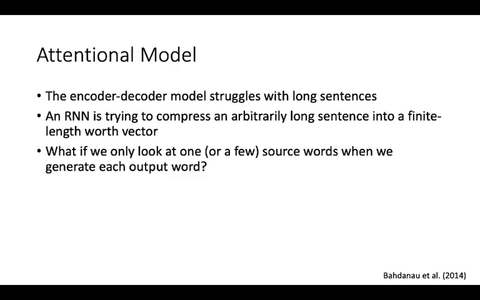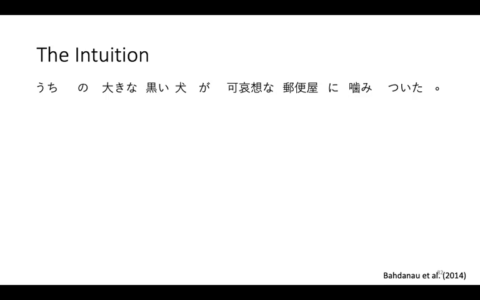For example, here, we know that these two words can be aligned to "our", and when we translate "our", we only need to focus on these first two tokens. It's very similar to word alignment. So attention is trying to mimic the procedure of finding the word alignment between source and target sentence.